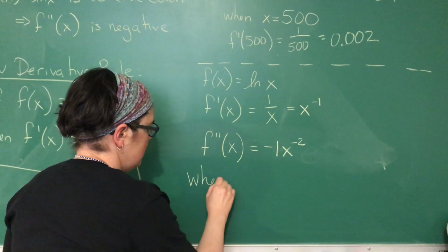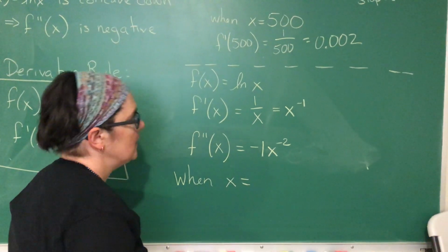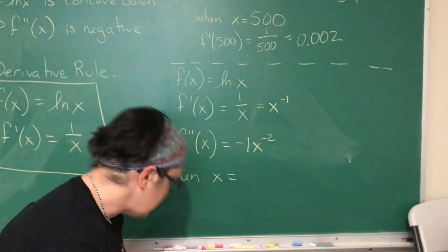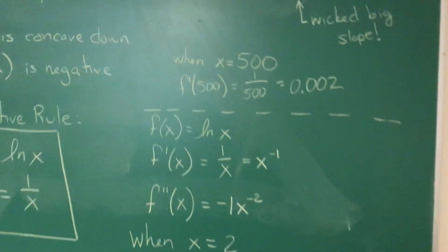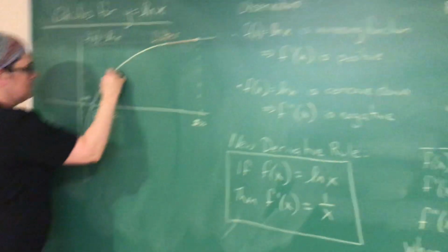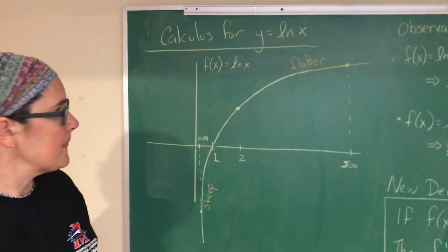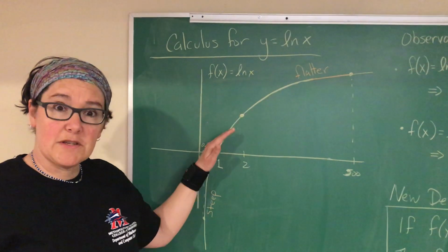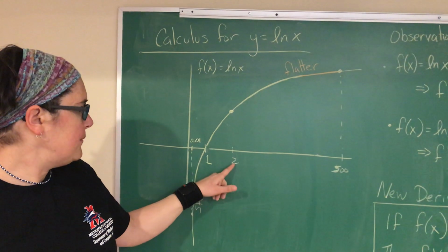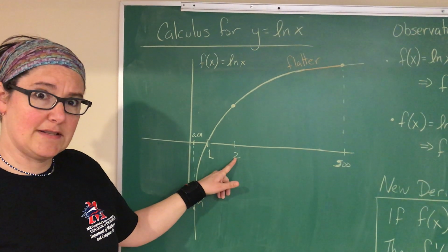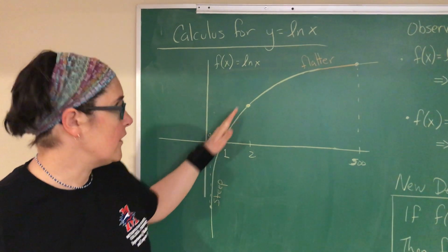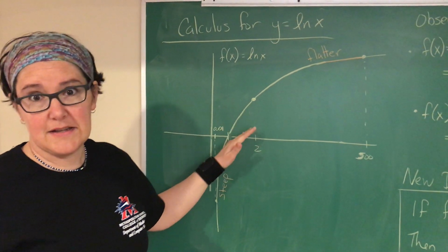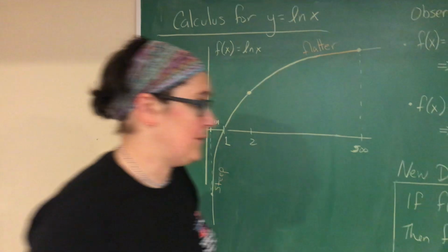All right, so as an example, let's say we look at when x is equal to 2. So here's 2 on our graph, and here's our point. This graph is concave down. When I plug in x equal to 2 in my second derivative, I'd better get a negative number, because when our graph is concave down, the second derivative should be negative. Let's see what happens.